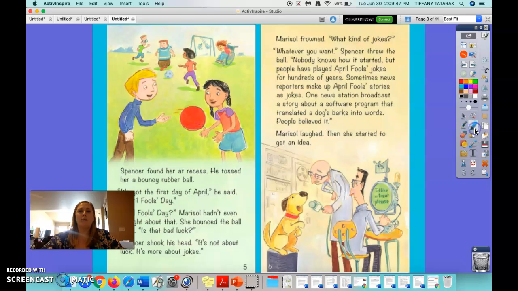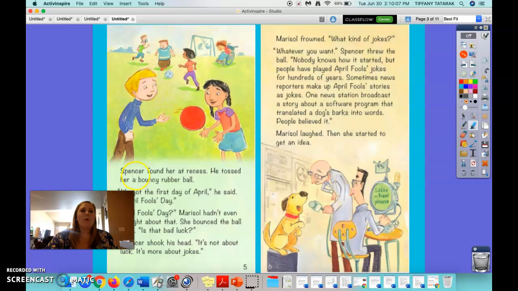So I'm going to use my highlighter here, and we are going to highlight the different quotation marks that we see. Now bear with me, I can't always see my highlighter.